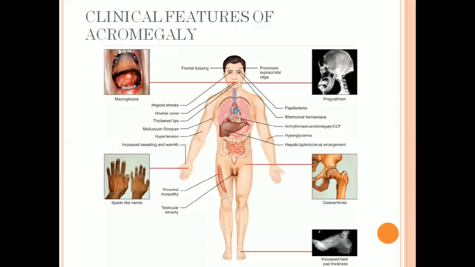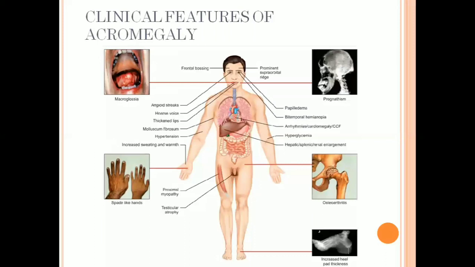Prognathism is nothing but the protrusion of the lower jaw, and there are spade-like hands, that is, enlargement of the peripheral parts of hand. The peripheral part of bone is increased in size, and there is increased heel pad thickness, and hyperglycemia is a characteristic feature, and there is bitemporal hemianopia, papilloedema, and there is hepatic enlargement, splenic enlargement, and renal enlargement.